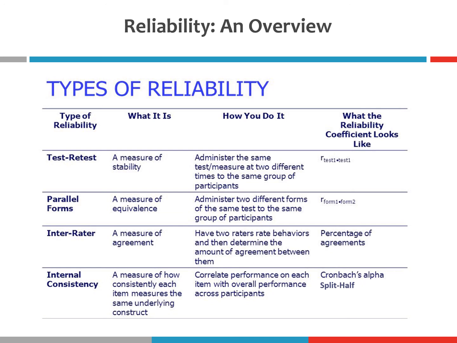So because we're looking at multiple observers who are scoring the same test, inter-rater reliability provides a measure of agreement, okay? So the way that we would execute that is we have 2 different observers who rate behaviors or examine our test, and then we determine the amount of agreement between our observers, okay?